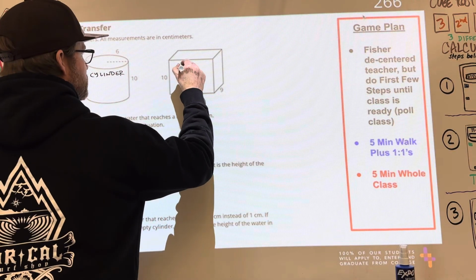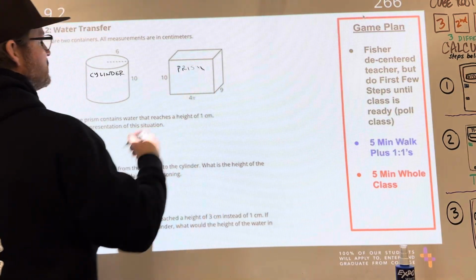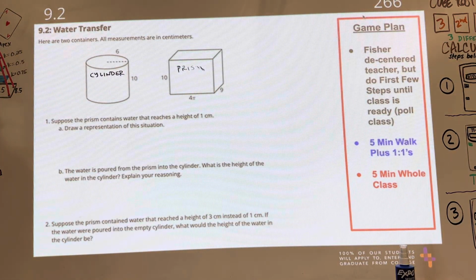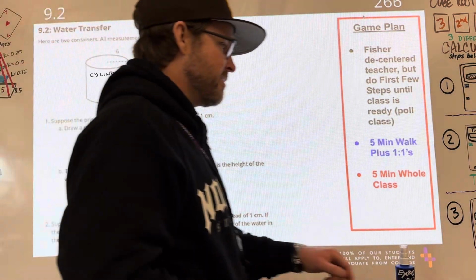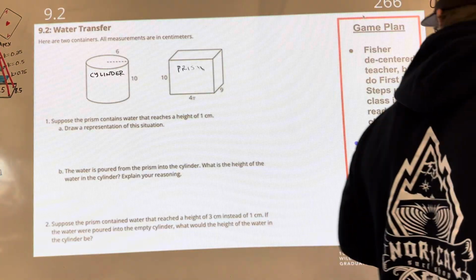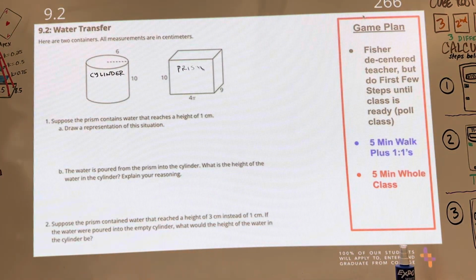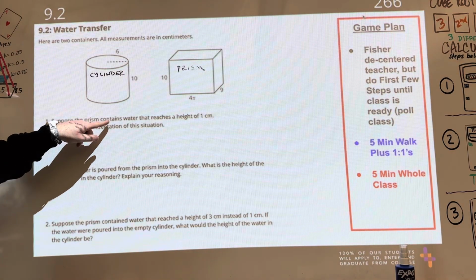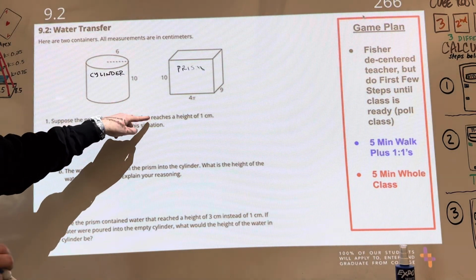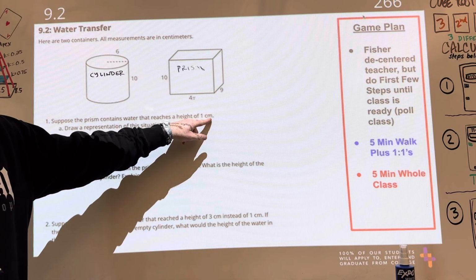Prism. So, suppose the prism contains water that reaches a height of 1 centimeter.